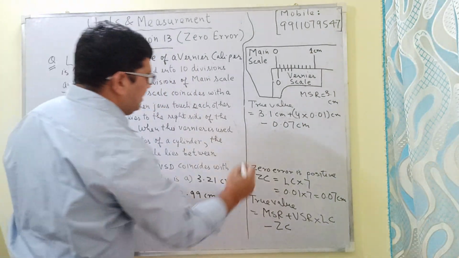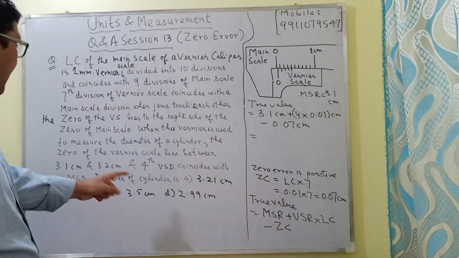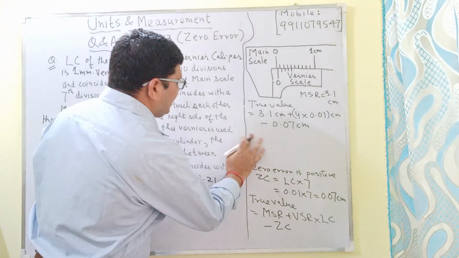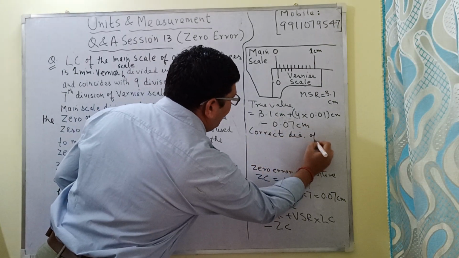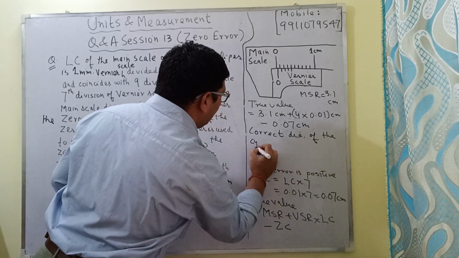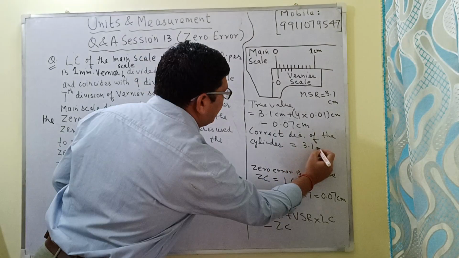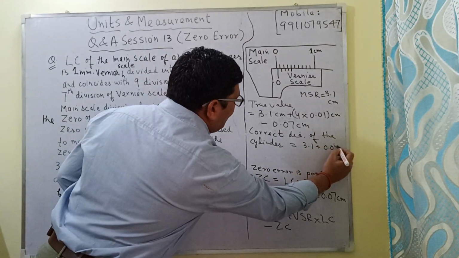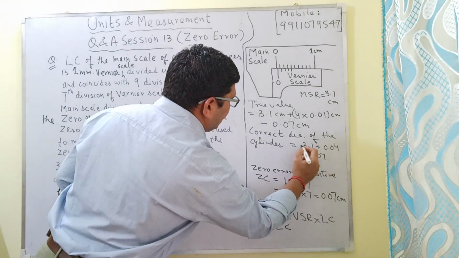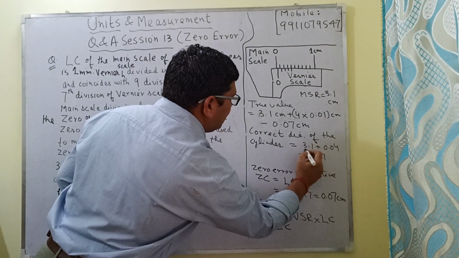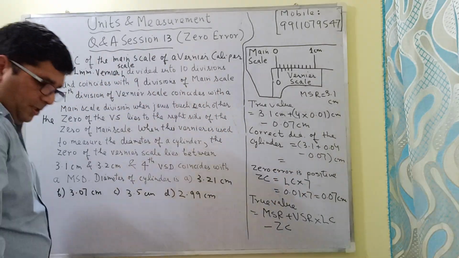So in this case the true value, or you can say the correct diameter of the cylinder, is equal to 3.1 plus 0.04 centimeter minus 0.07 centimeter. So this is in centimeter.